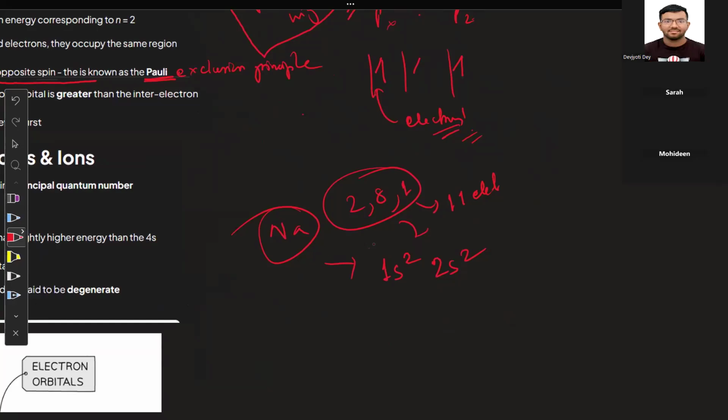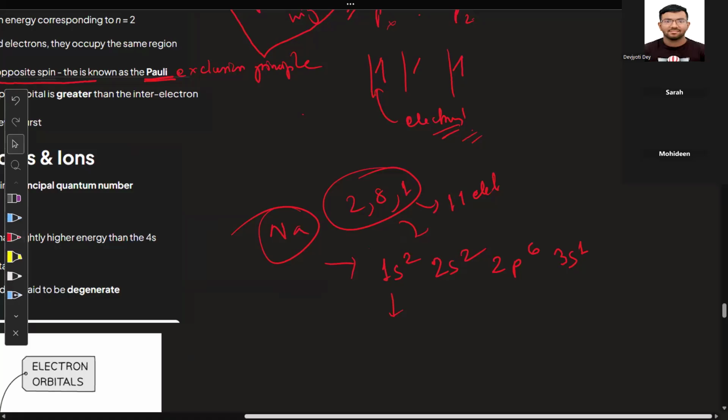How many electrons left? 1s2, 2s2, 2p4. 7 more electrons required. 2p6, 3s1. Now look here. You have to remember one thing, which is important.